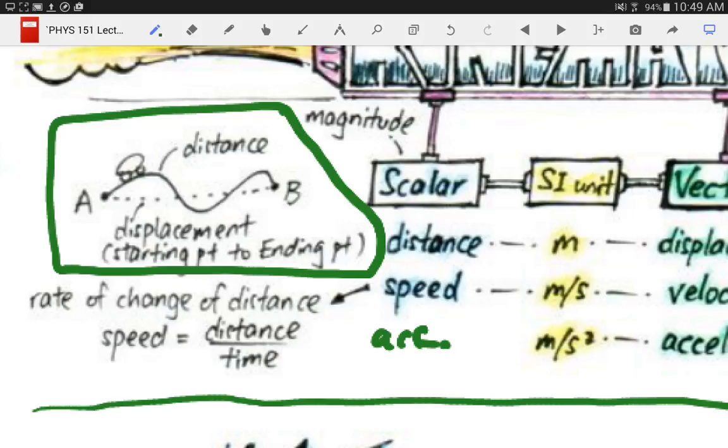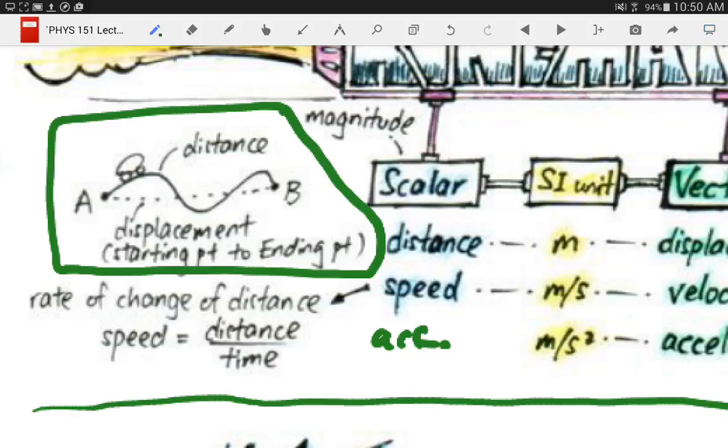So, for instance, if I start on this side of the desk and I walk over to this side of the desk, I had a distance of, let's say, 3 meters. I had a displacement of 3 meters that direction. So my distance and displacement have the same magnitude there. But I could have done something different. I could have done like that picture.